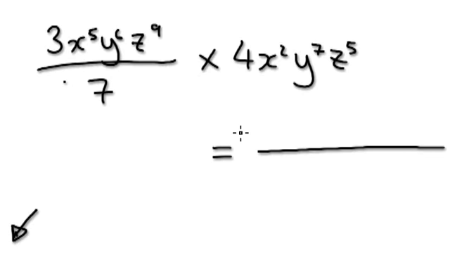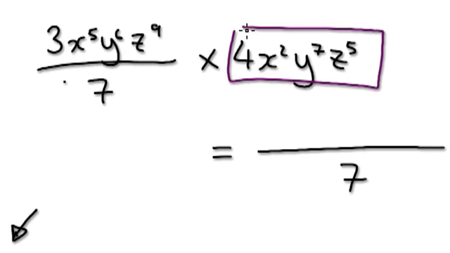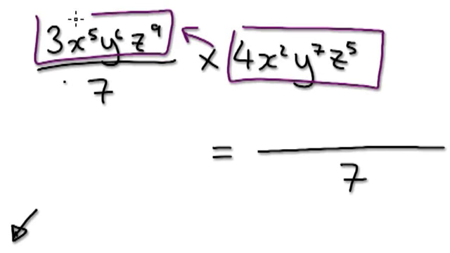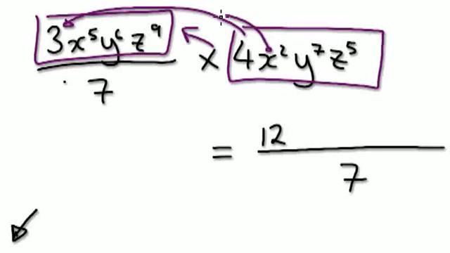Okay, so we know the bottom will be the same because this thing here will get multiplied to the top. So you've got to multiply these two together. So 4 times 3 would be 12. And then you've got the x squared times the x to the power 5.